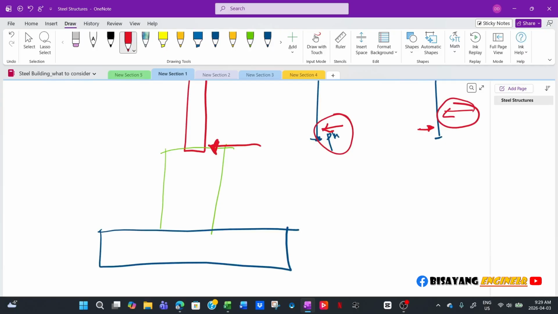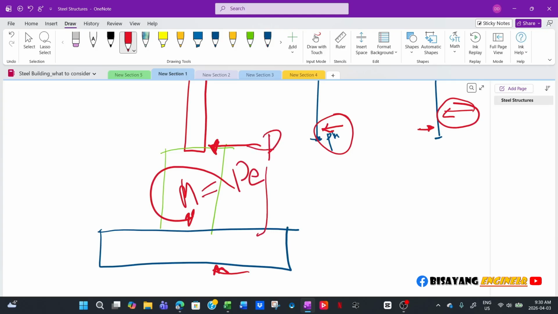That will become a shear in your footing, a sliding force. At the same time, you have a large moment equal to P times E. This is your P, this is your E, right?